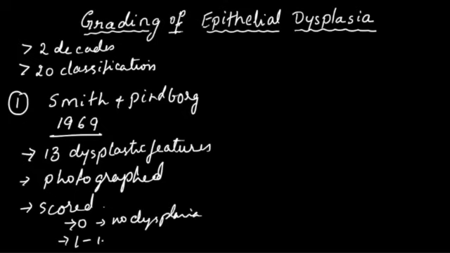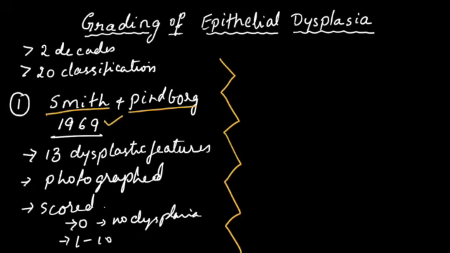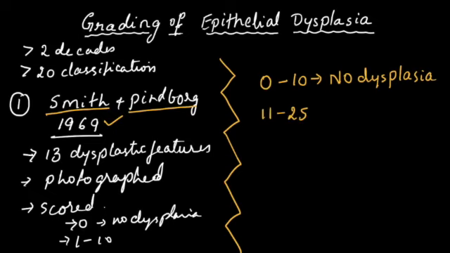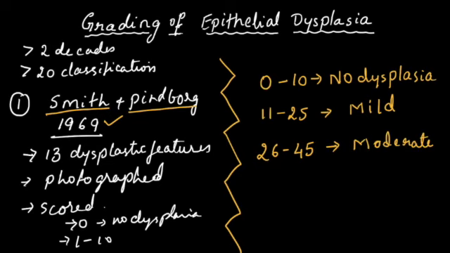All these scores were added to give the epithelial atypia index. If the epithelial atypia index was between 0 and 10, it was considered no dysplasia. If it was between 11 and 25, mild dysplasia. 26 to 45 was considered moderate dysplasia, and more than 46 was considered severe dysplasia in the Smith and Pindborg grading system.